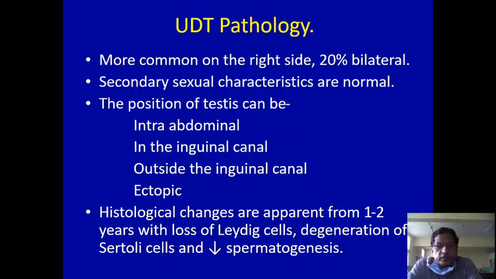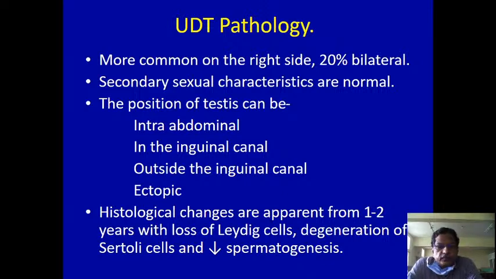But after puberty or around puberty, the normal testis develops and grows. But undescended testis will usually be smaller in size, and also it may be softer than the normally descended testis. So macroscopic changes do occur around the time of puberty.